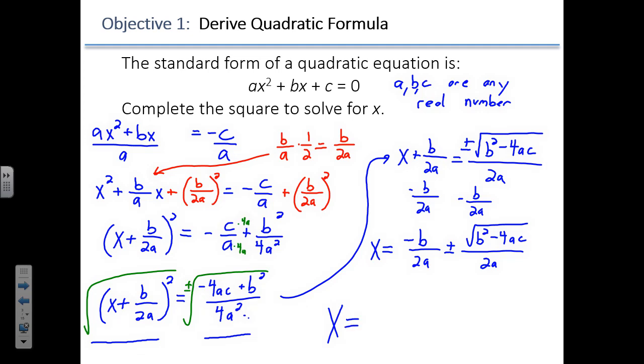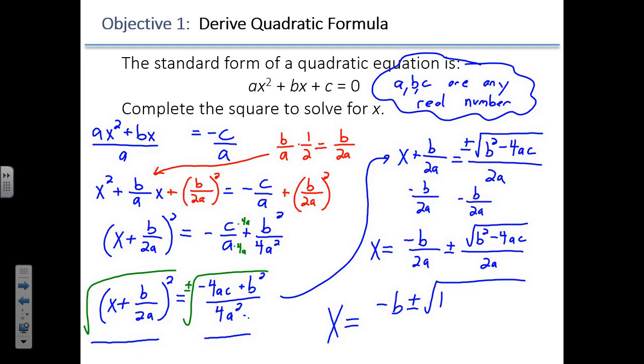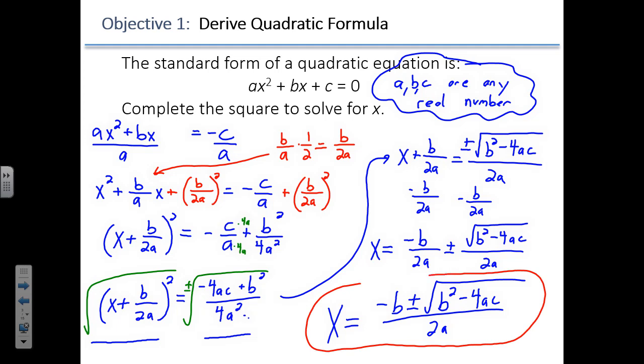And what we find out is that no matter what a, b, and c are, a and b and c can be any real numbers, x will always be equal to negative b plus or minus the square root of b squared minus 4ac all over 2a. And you might remember that from some algebra you've had before, depending on what algebra you've had to be here, but that is the quadratic formula.